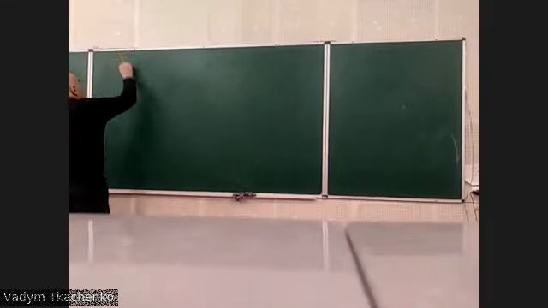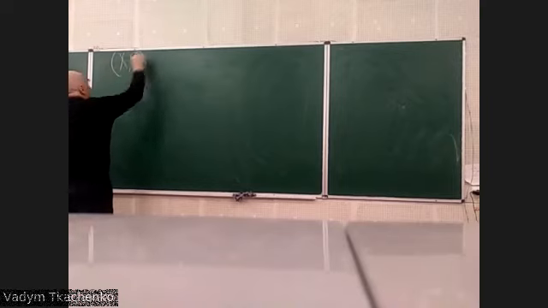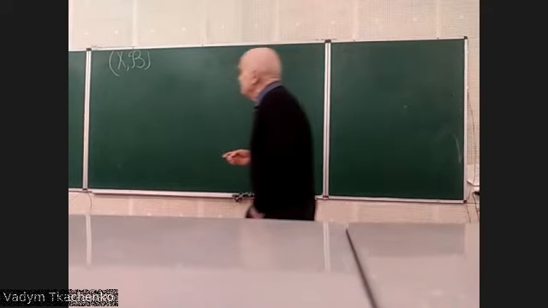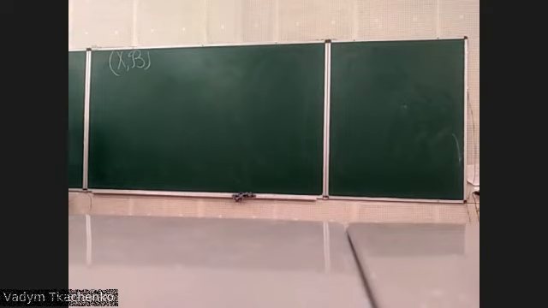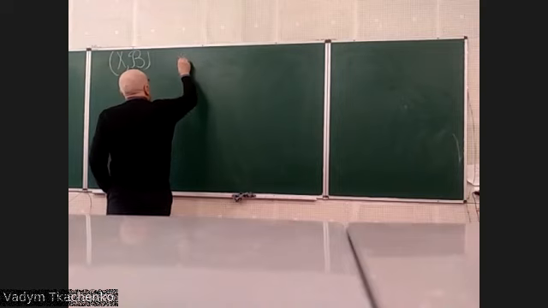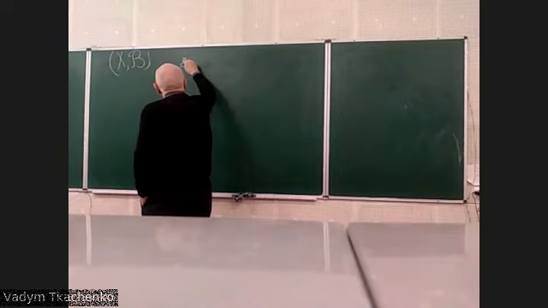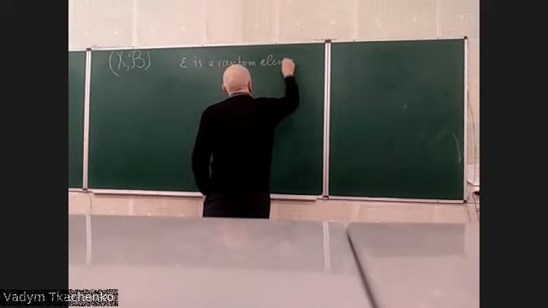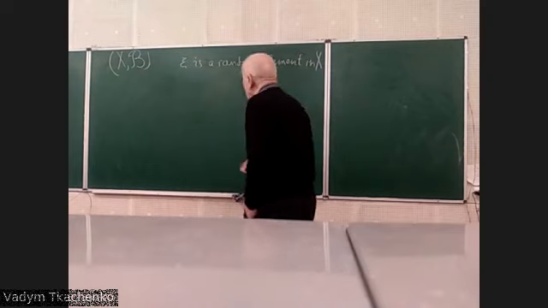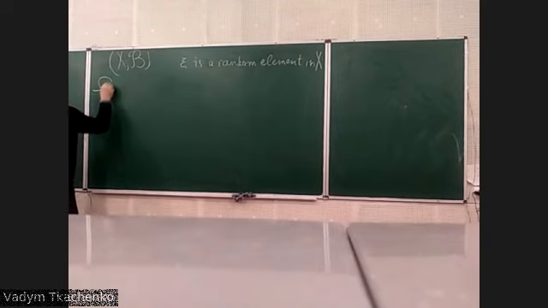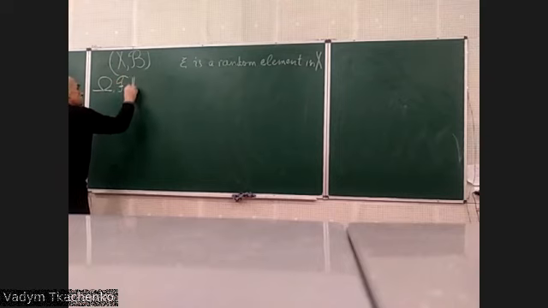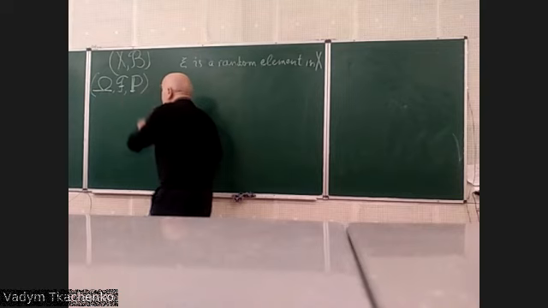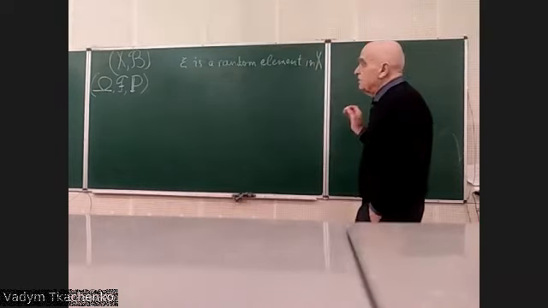So if we have some measurable space X, with B the sigma algebra of subsets of X, and if we speak about a random element in X, suppose that there is some probability space with a sigma algebra F. The elements of F are called events.